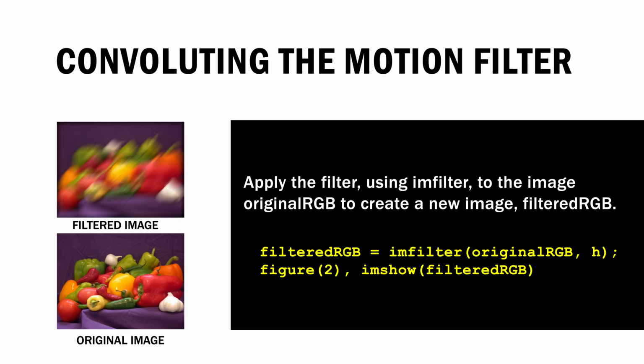On the left, we can compare the original image at the bottom with the filtered image above it. The filtered result clearly shows motion blur at a 45-degree angle, just as specified by the third parameter of the fspecial function. You can experiment by adjusting the filter length or angle to see how these parameters change the motion effect on the image.